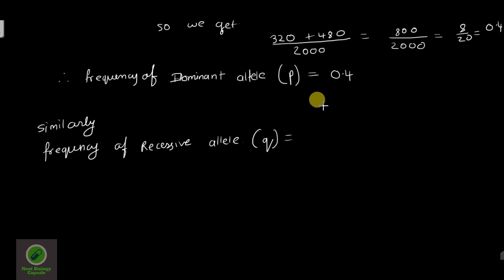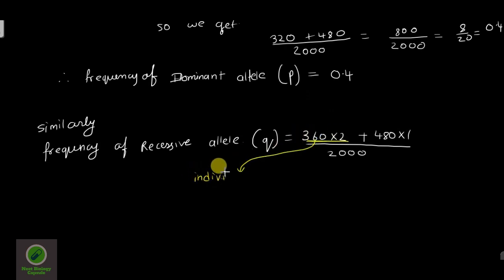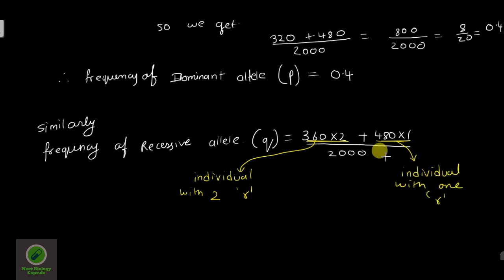Similarly, we calculate it for the recessive allele, which is represented as q. We get 360 into 2, where 360 is the number of homozygous recessive individuals, but since each will have 2 small r, we multiply it by 2.